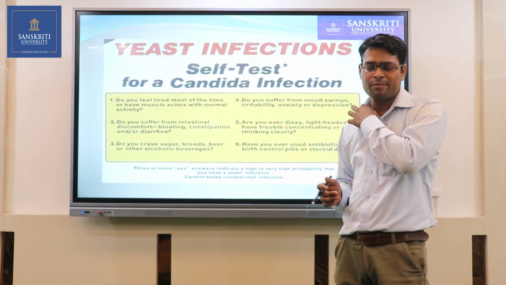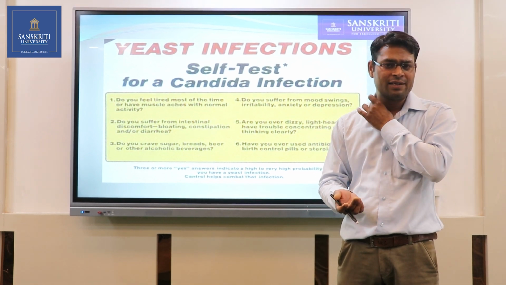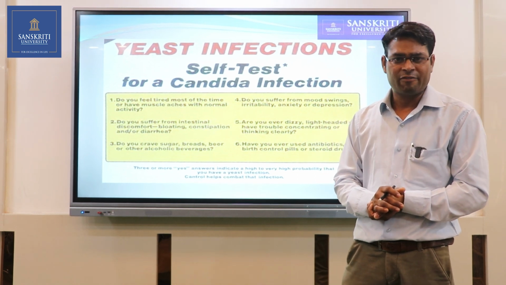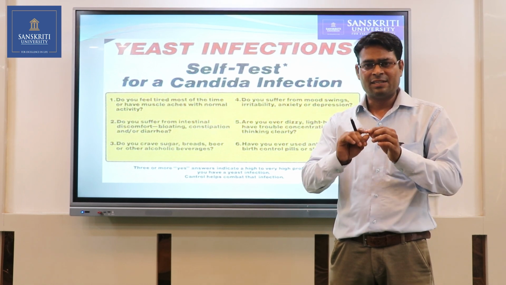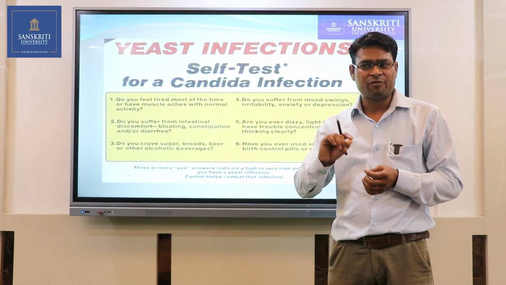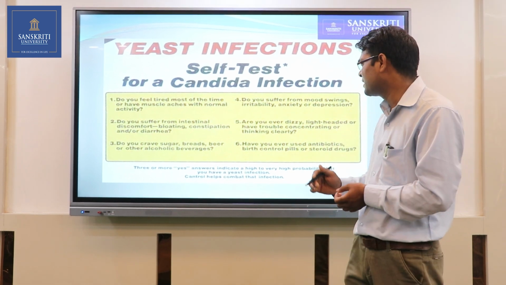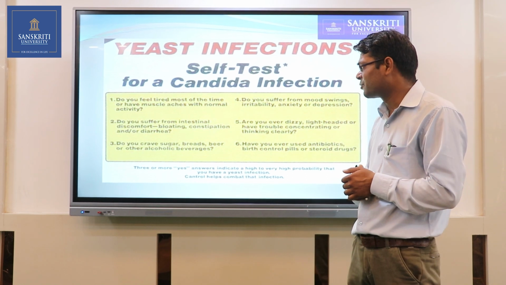This is the best method. We can also use the LPCB, lactophenol cotton blue method. By this method, we can also identify Candida albicans infections. In this LPCB method, the outer layer of Candida albicans is stained blue, which can easily be observed under the microscope.